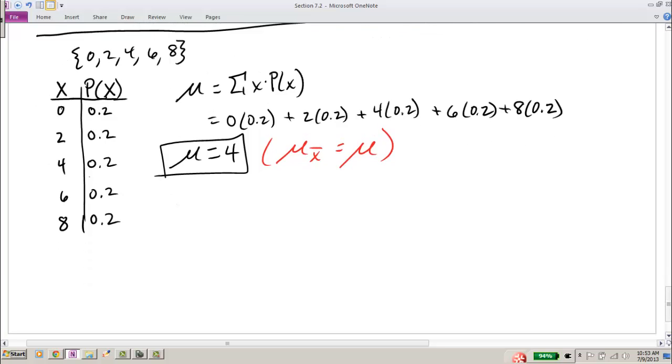Now let's find the standard deviation for this population. So we're going to use the formula to find sigma squared.